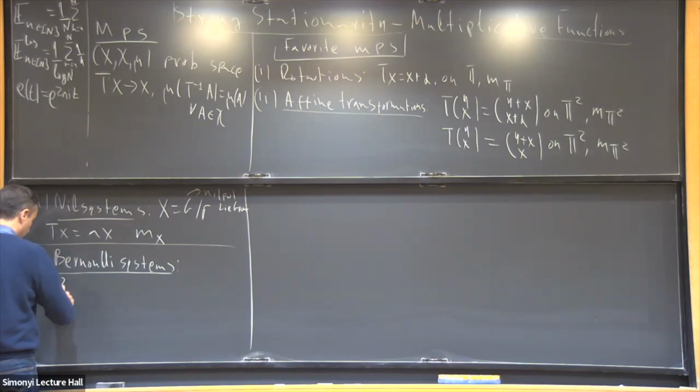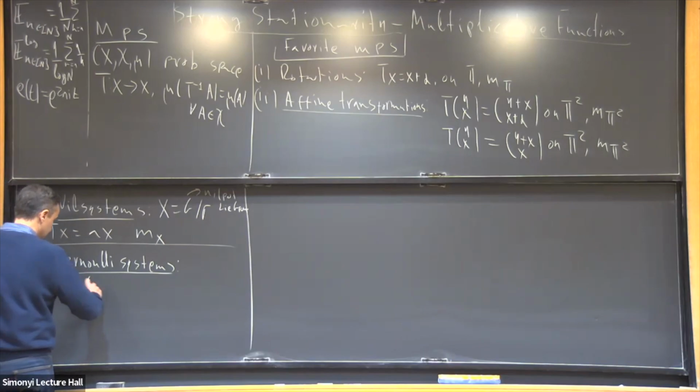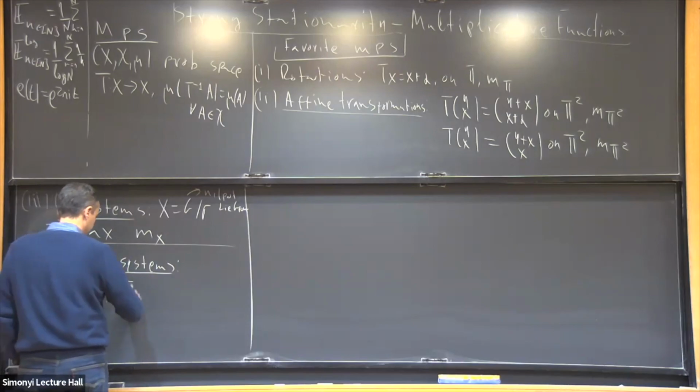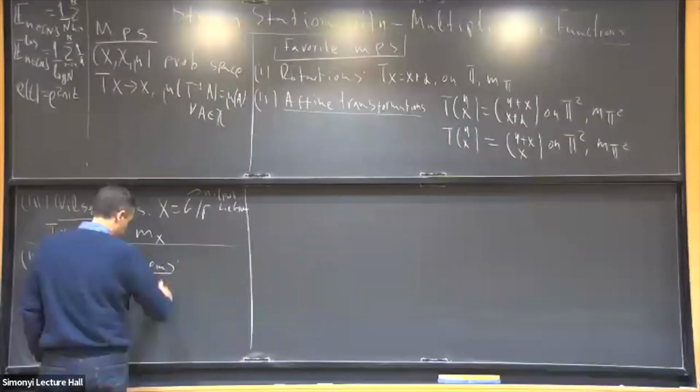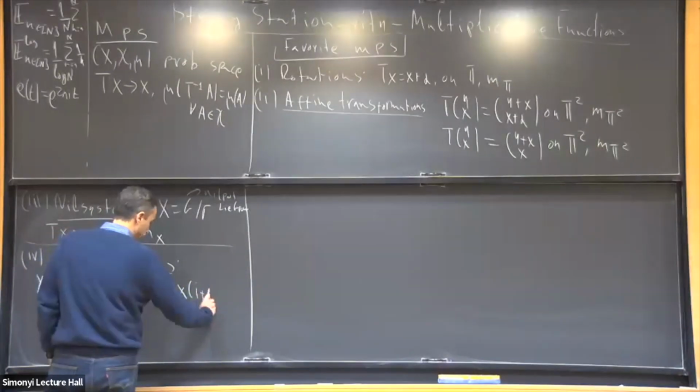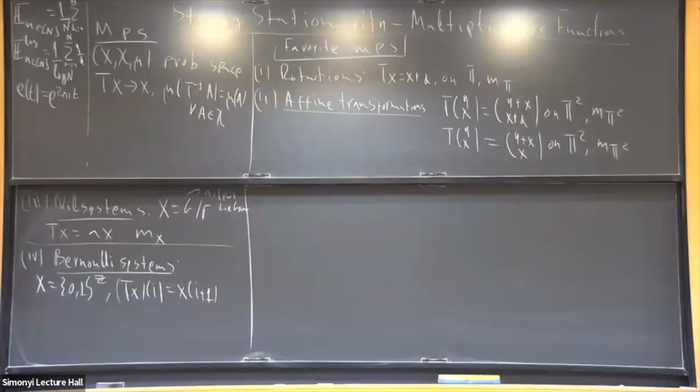Let's say we work in {0,1}^Z. This is the sequence space, and you have the shift transformation. So you have a point in the sequence space, and you shift its coordinates. So this is how it's defined.